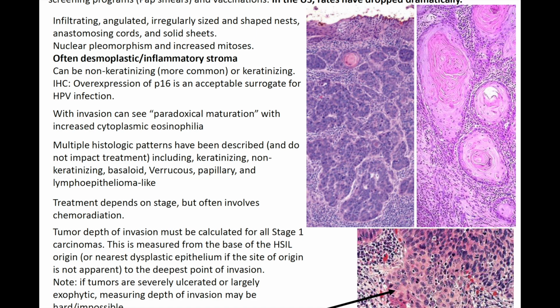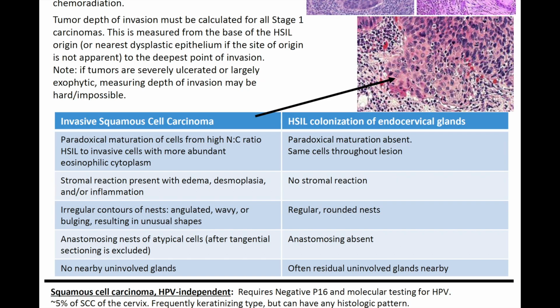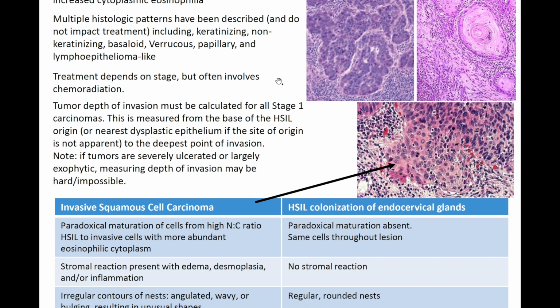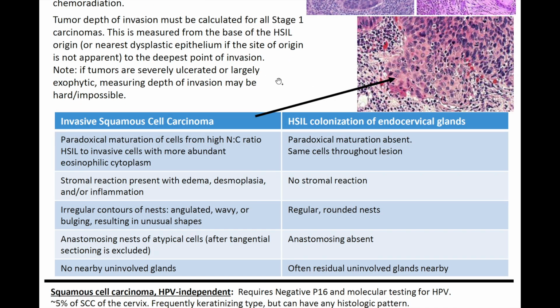There are multiple histologic patterns that have been described, and they do not impact treatment, including keratinizing versus non-keratinizing, basaloid, verrucous, papillary, and lymphoepithelioma-like. Treatment depends on stage, but it often involves chemoradiation, and tumor depth of invasion must be calculated for all stage 1 carcinomas.